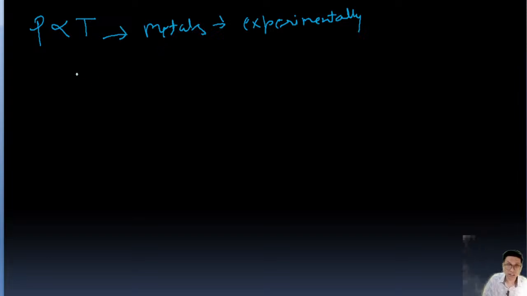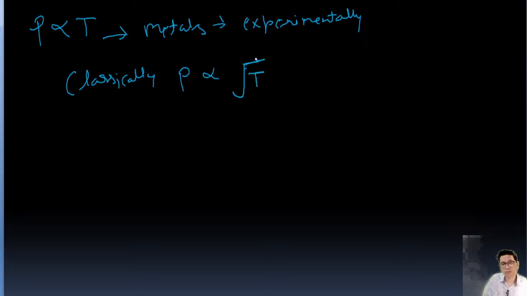But classically, by free electron theory, we have found rho is proportional to root T. This is not correct, so this theory failed.